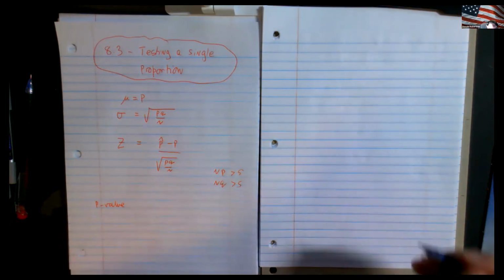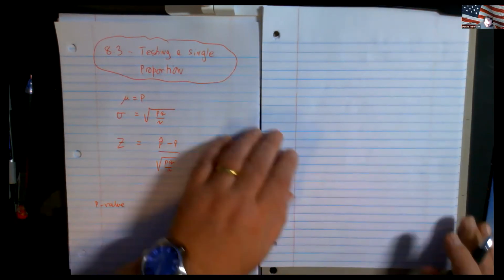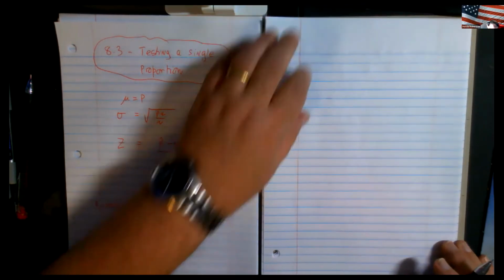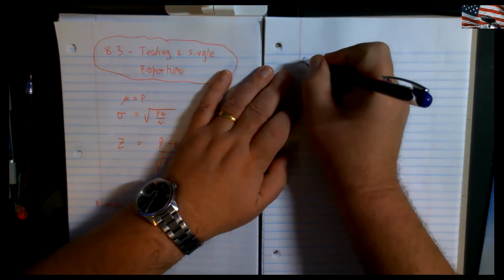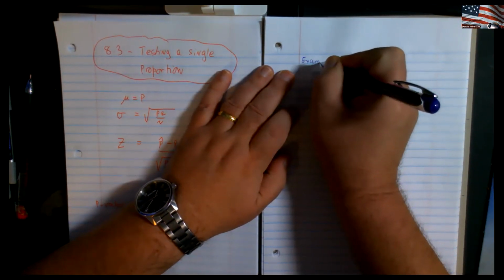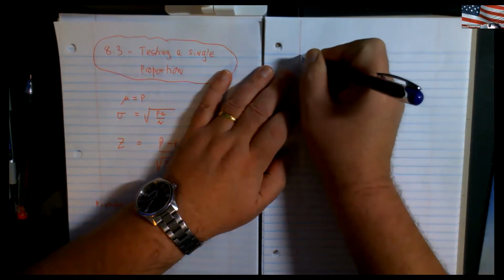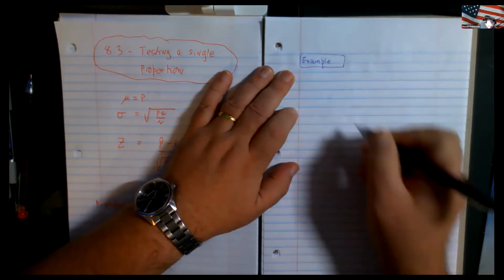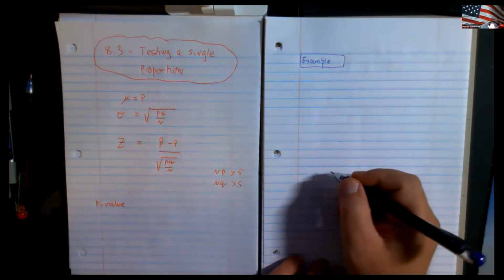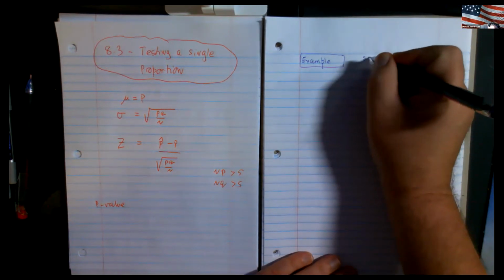So, well, let's do an example of that. That's a good way of doing it. This is a hypothesis test based on a single proportion.